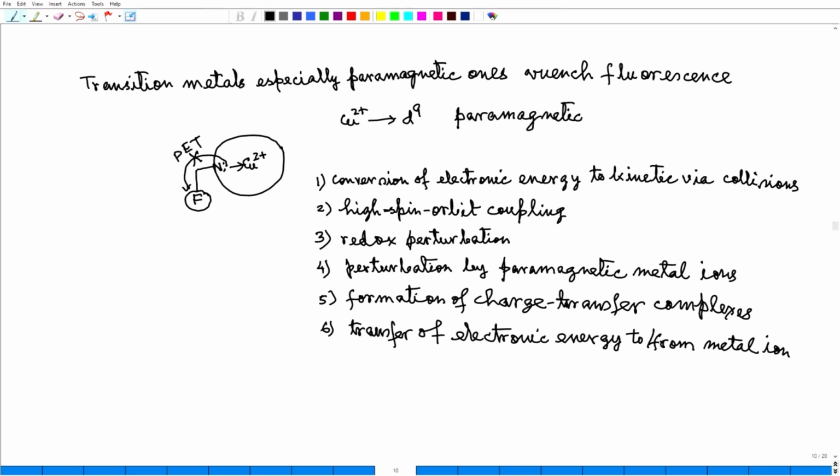But I told you that transition metals are very important, because if you have copper deficiency, or iron deficiency, all of us know that iron deficiency causes anemia, right.